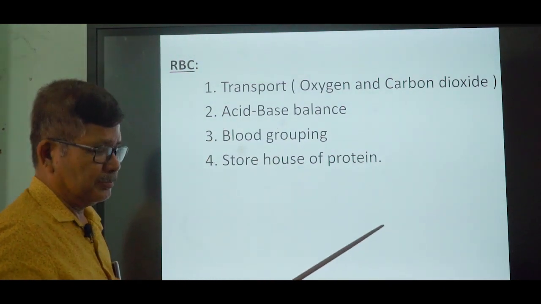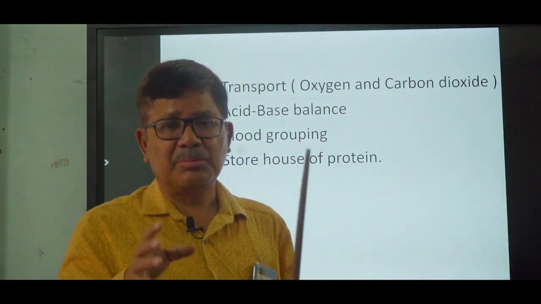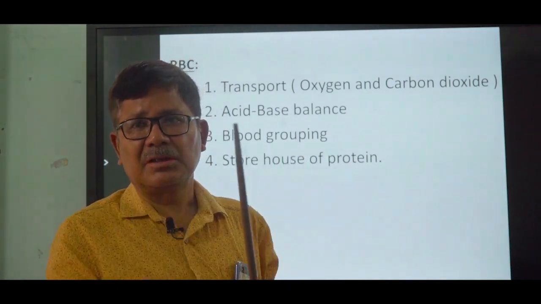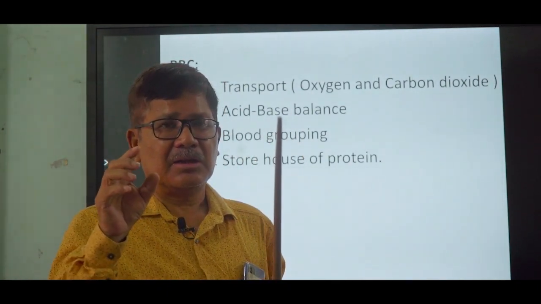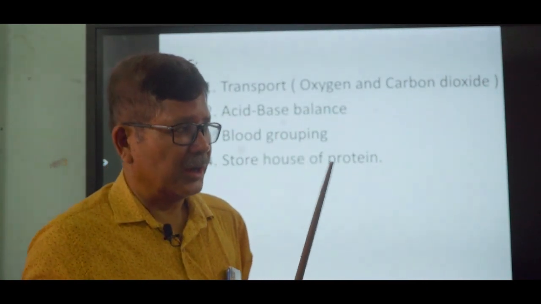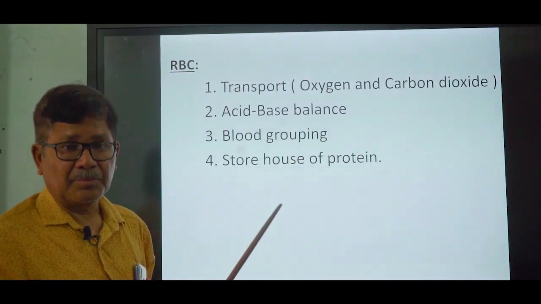Then blood grouping. As you know, we have 4 different blood groups: A group, B group, AB group and O group, and this is how blood is grouped.